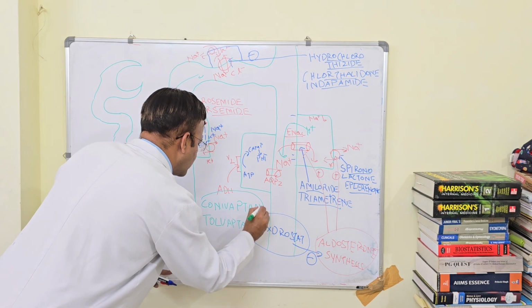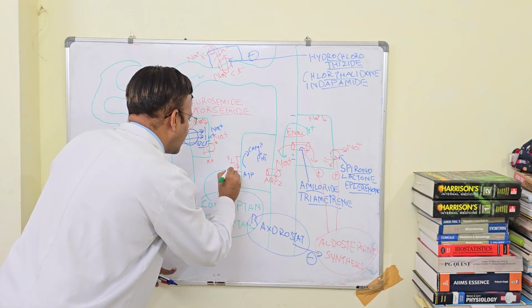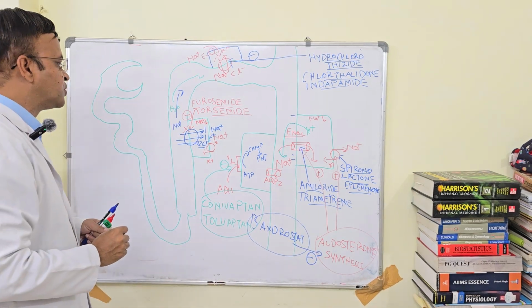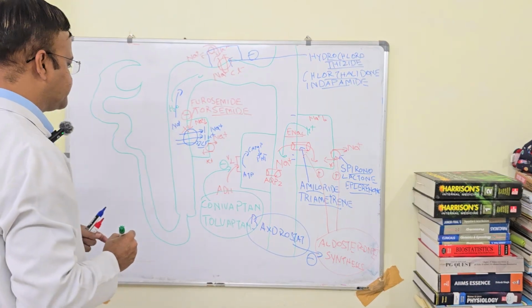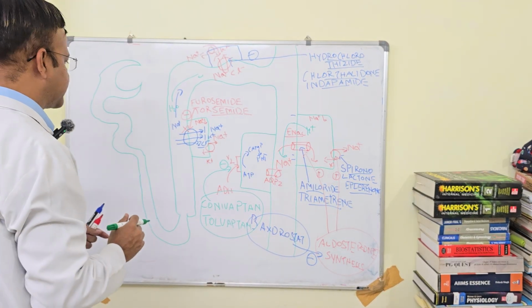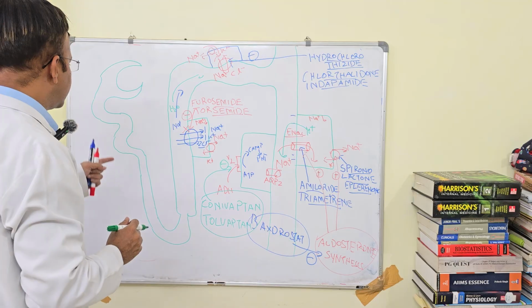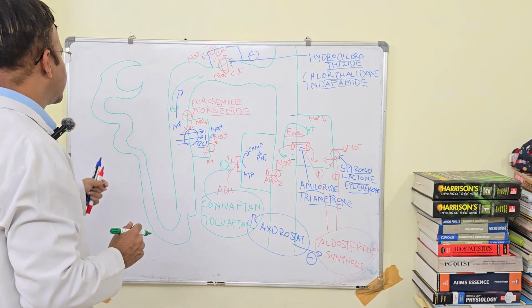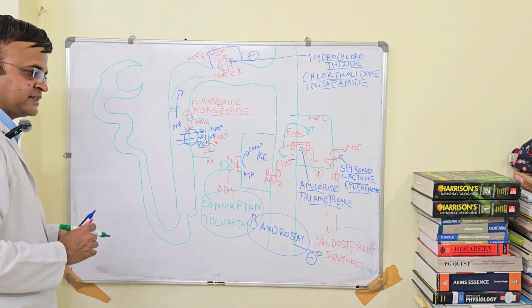Conivaptan and tolvaptan are going to block the action of ADH on V2 receptors, right? Now, apart from that, there are two very important diuretic drugs acting on the PCT, right?